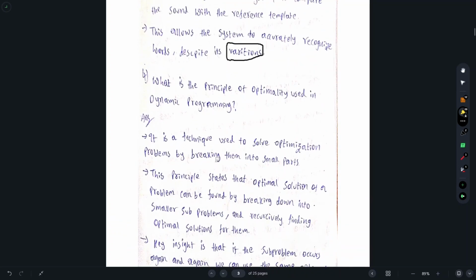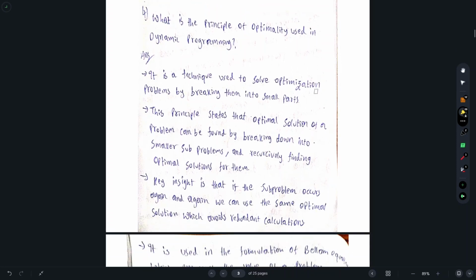If we break the solution of A into different pieces, some sub-problems may be similar and match together. If they match, then with the help of this principle there is no need to work on that small problem again and again. Once it is solved, it can be used for the other problem also. So that is the principle of optimality.